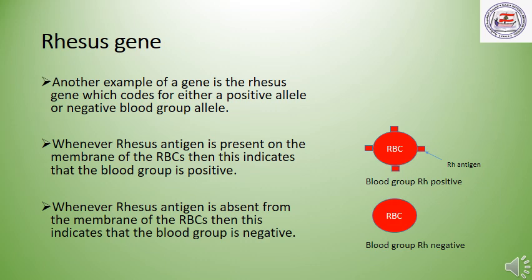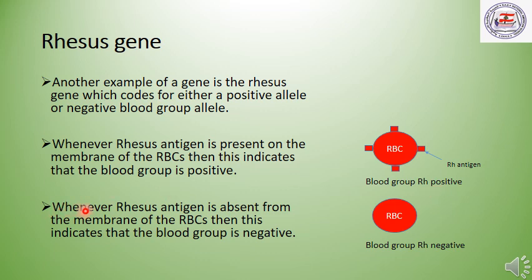Another example of a gene that is studied is the rhesus gene, which codes for either a positive allele or a negative blood group allele. Whenever rhesus antigen is present on the membrane of the red blood cells, then this indicates that the blood group is positive. As shown here, red blood cells express the Rh antigen, which leads to the fact that these red blood cells are going to be considered Rh positive.